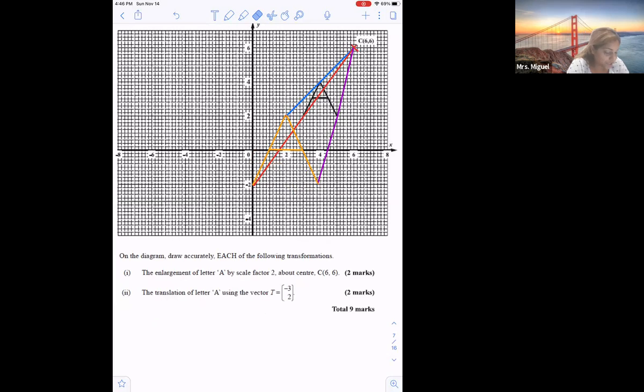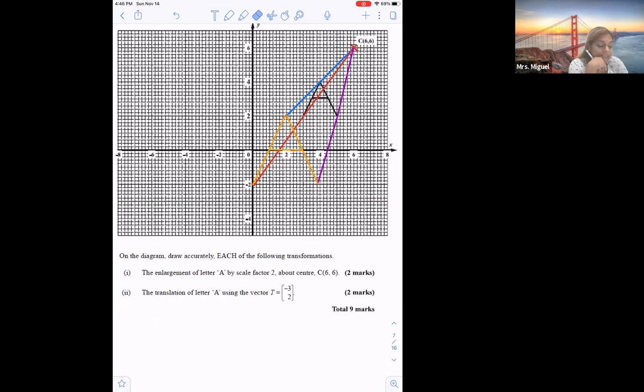The translation of the letter A by a vector -3, 2. So it means that all the coordinates of the point A are going to be translated by the vector -3, 2.